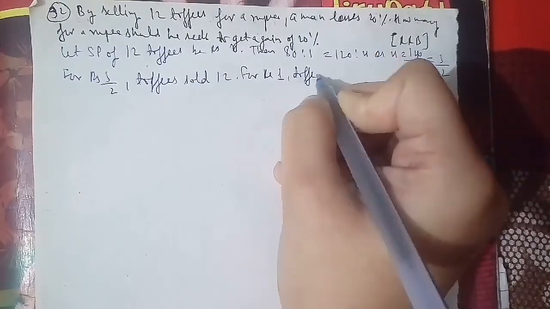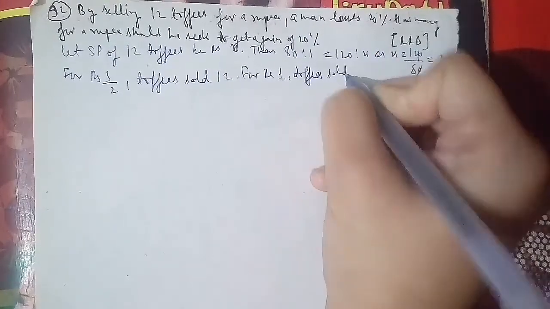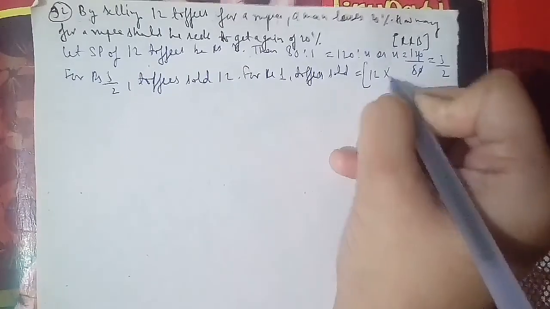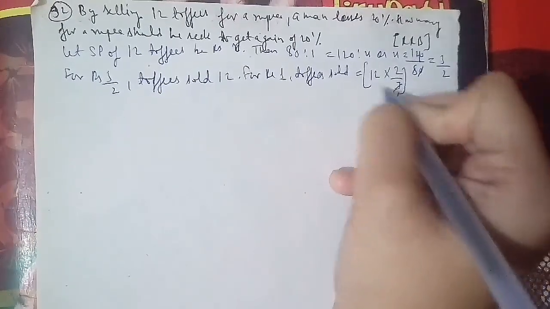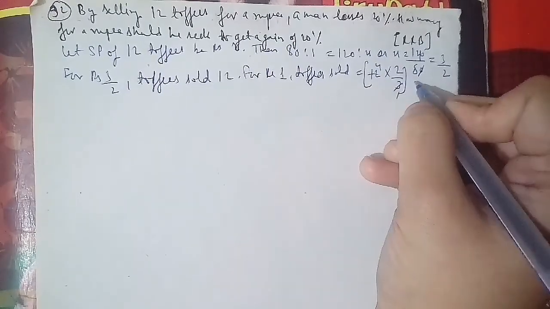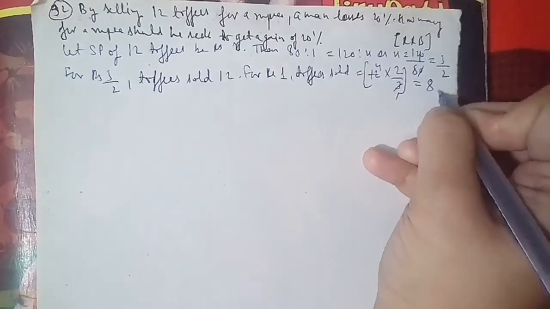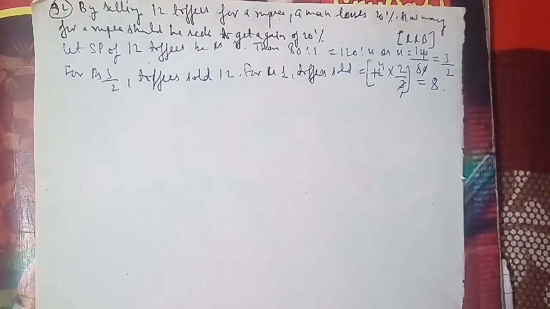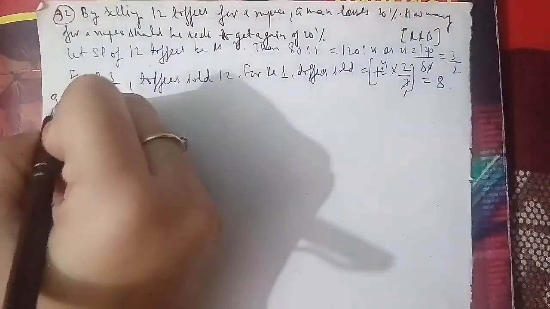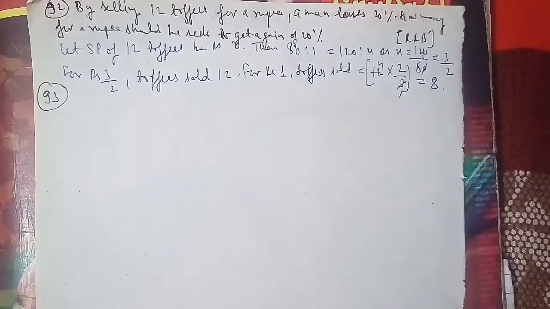By selling 45 lemons for rupees 40, a man loses 20%. How many should he sell for rupees 24 to gain 20% in the transaction?